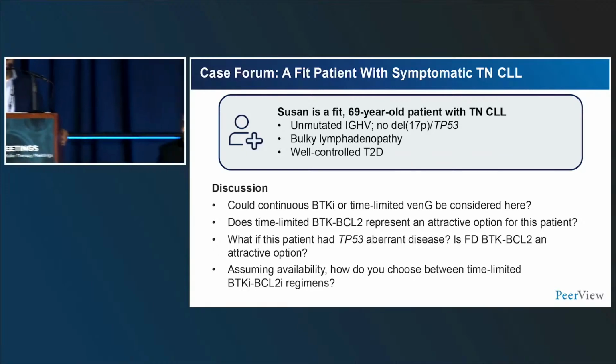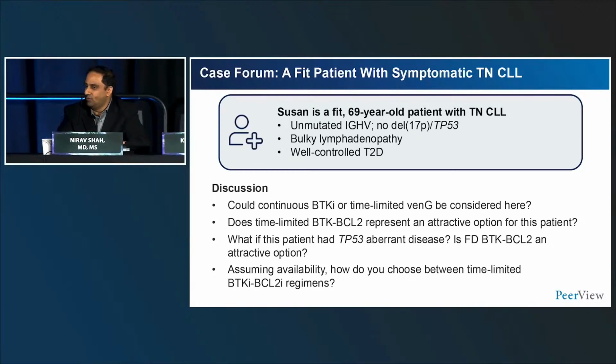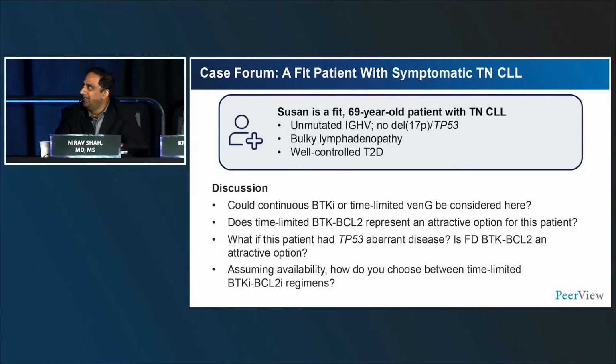Yeah, so the trials we have presented don't really compare them to a modern comparator arm, but there are trials being designed right now, and I don't know where they are in their accrual, looking at a doublet of AV versus VenG. I think those trials will be very telling as to whether we need to give all of our best drugs up front right away, or whether it's okay to do VenG and then save acalabrutinib for later lines.